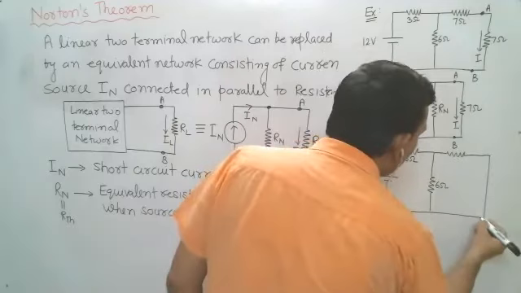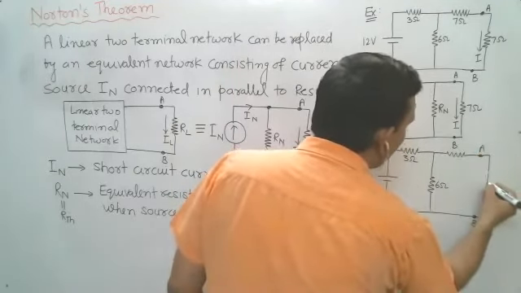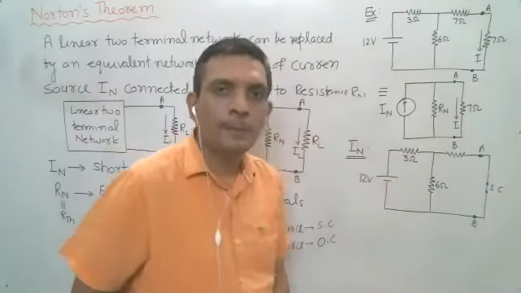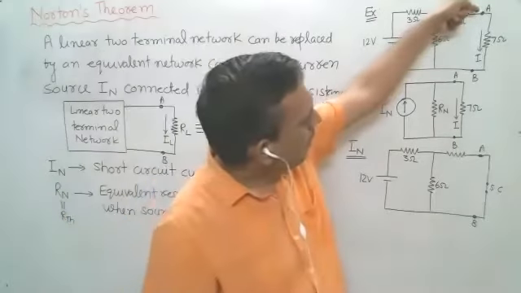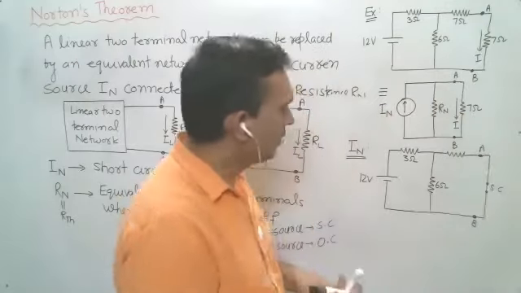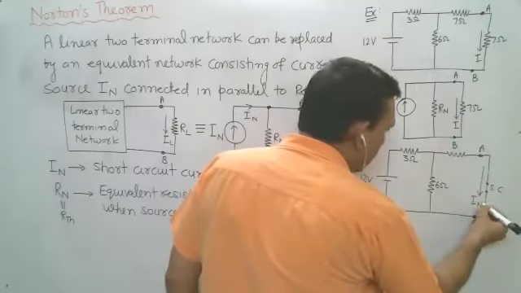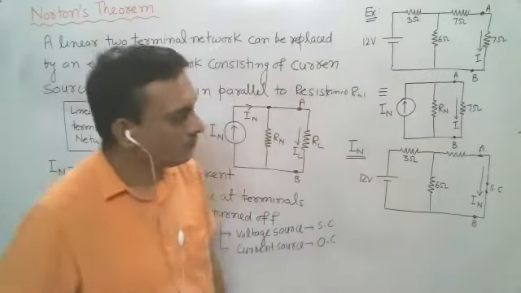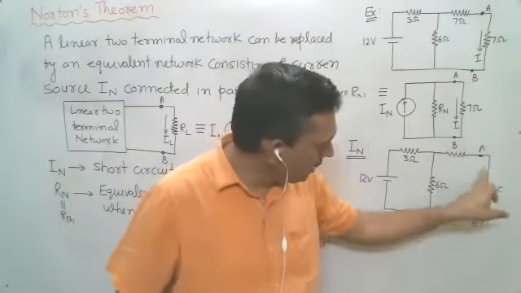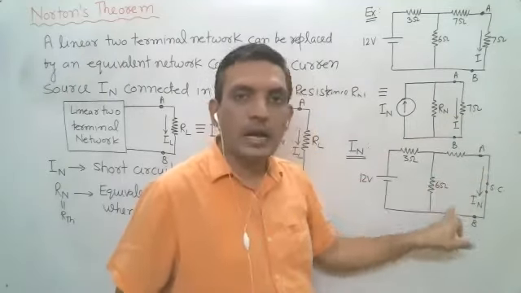Now short the load resistance, A and B. AB is short circuited. Short circuit means zero resistance. And then we'll find this current. That current is IN, the short circuit current. If you short the AB, the current that flows through AB is IN.